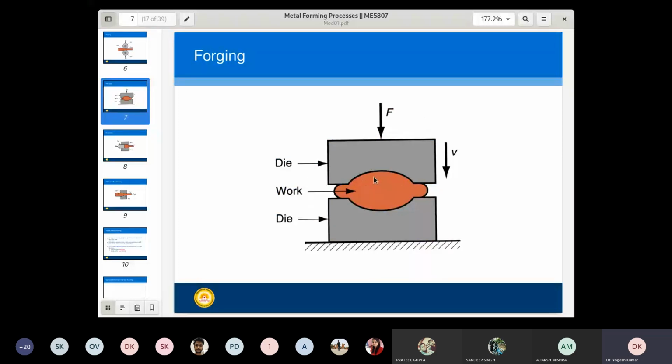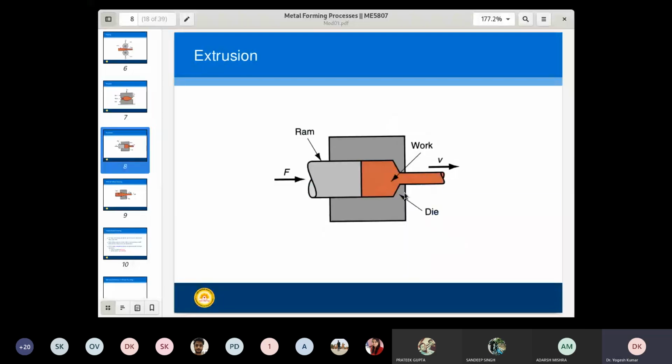Similarly, in forging, the workpiece is kept between the die and tool, and the force is applied from the upper side. Again, compressive stresses are developed during forging. In extrusion, we are pushing the material from the left-hand side, so force F is applied.